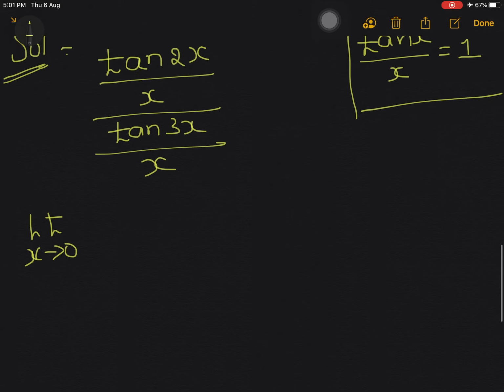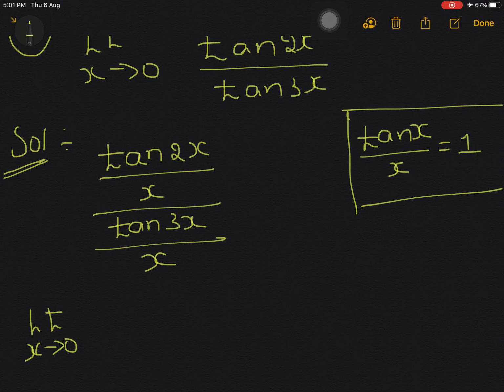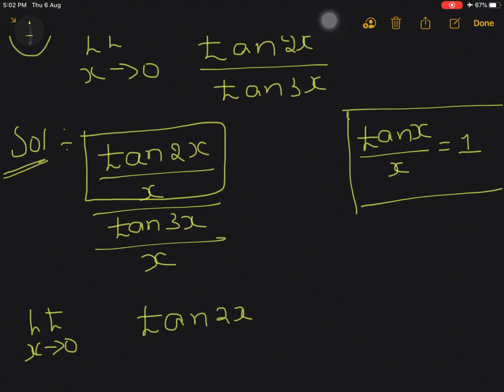Here it is in the form of tan of 2x by x. If we bring the denominator in the form of 2x, then the limit is equal to 1. So multiply numerator and denominator with 2 for tan of 2x by x. It will become tan of 2x into 2 divided by 2x.